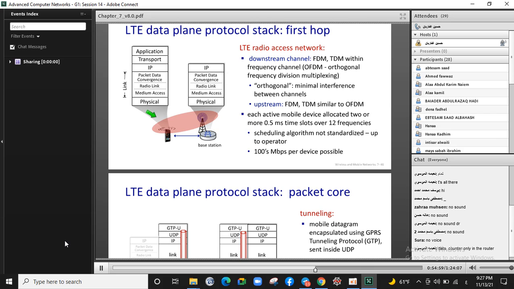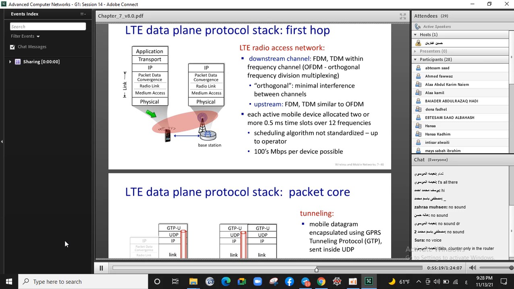Maybe you see that, okay, we have 4G TDD technology, or FDM technology, or OFDM, or something like that.